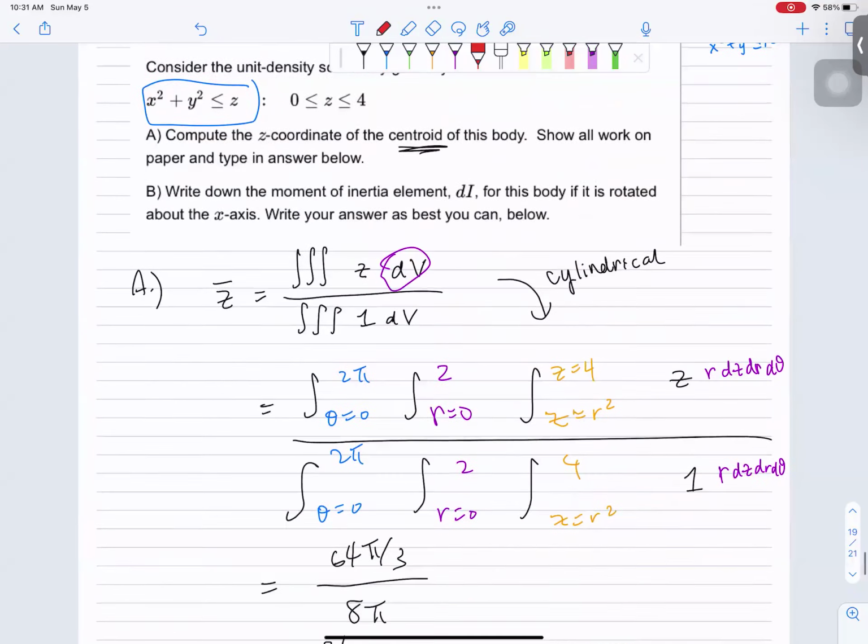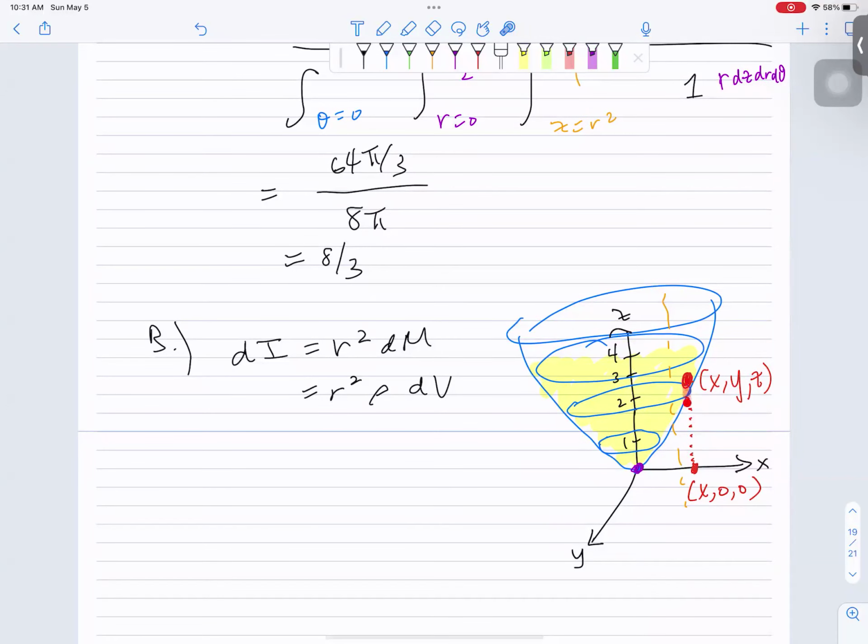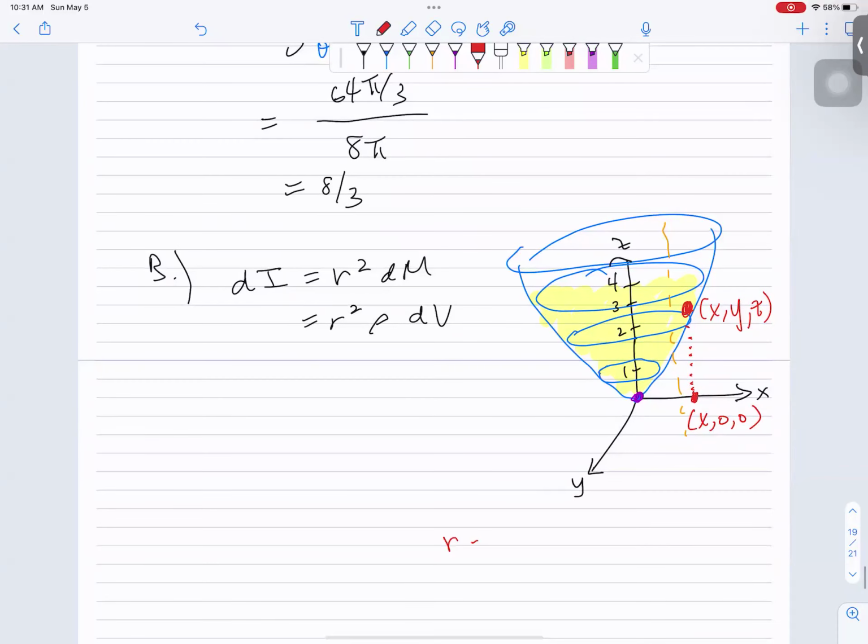So we're rotating about the x-axis. So the x-axis has the same x point and y, z of zeros. So I'll label my axes also. This is x, y, z. Okay, and so I can just use the distance formula to find the distance between this point and this point. What does the distance formula say?